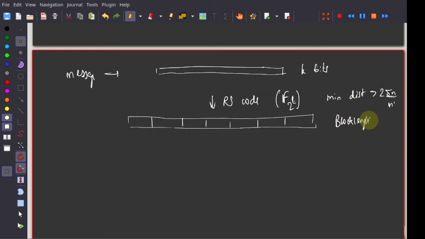I'm going to choose the block length to be roughly n times c.